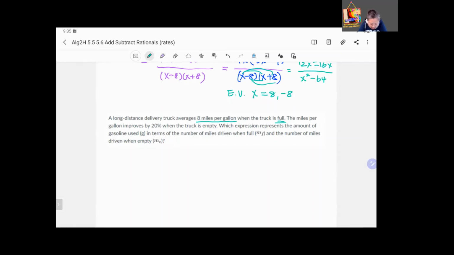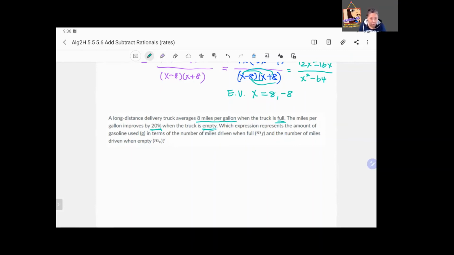Miles per gallon improves by 20% when it's empty. So the truck in the fully loaded situation, 1 gallon makes the truck go 8 miles, right? 8 miles. But then if it doesn't have anything on top, then of course it's more energy efficient, and it can go more than 8 miles.